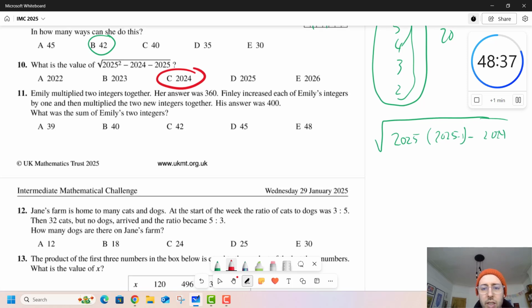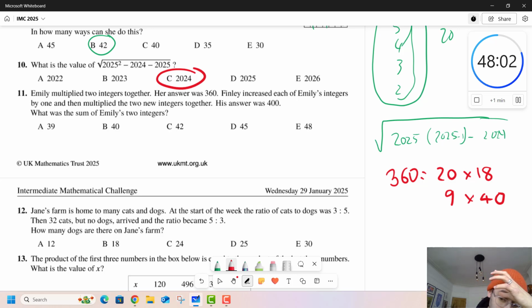Potentially that much 360. So 360 is 20 times 18. And then, well, no, that's not going to work. I think it's 9 times something, 9 times 40. Oh, it can't be that anyway. Just divide by 8.